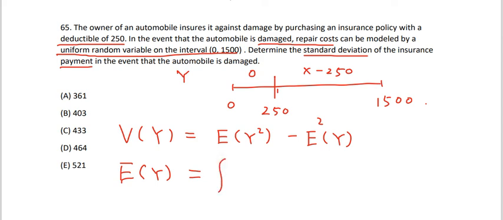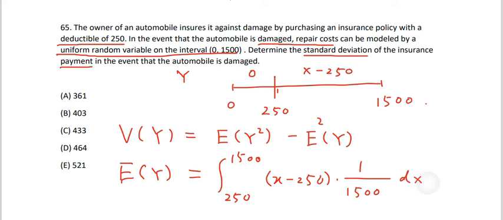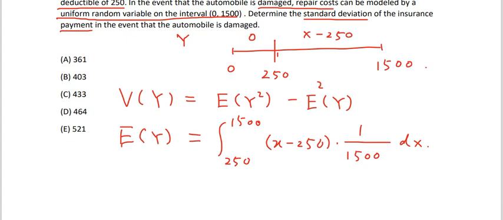When x is from 250 up, y equals x minus 250, right? Then the density function for x is 1 over 1250, so dx. So this is E[y], right?